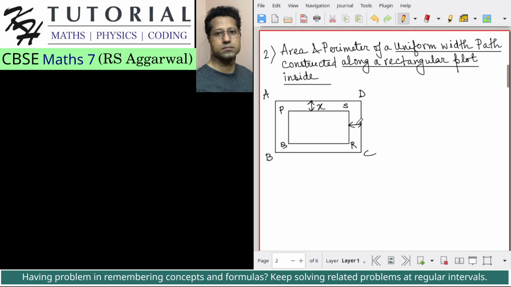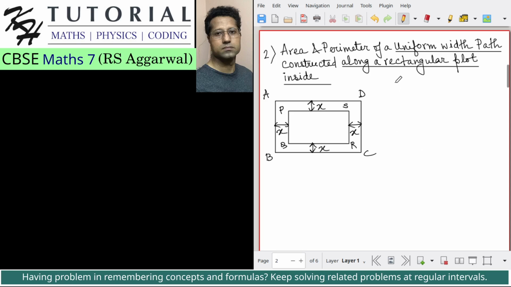So the path has uniform width, so this will be x units, and this will be x.